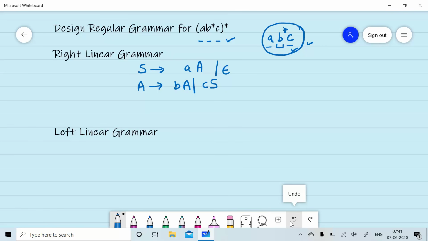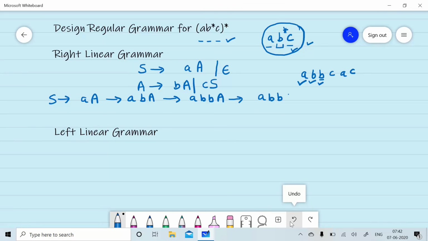Let us consider a string abbcac. So S will give you aA. This particular symbol will match. Now we want to generate b. We will replace by bA. Next symbol is again b. So we will replace it by bA. Next symbol is c.